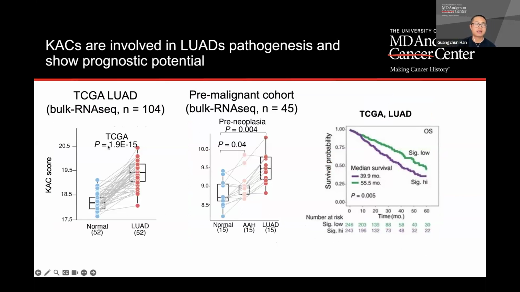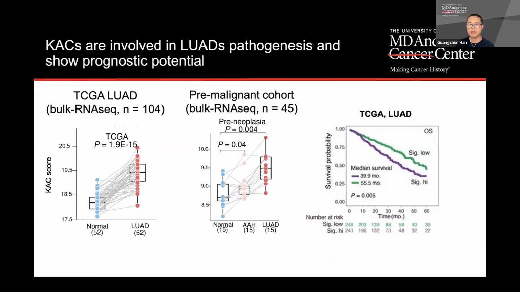Here it shows the CAC signature levels by comparing the lung adenocarcinoma samples versus normal samples or pre-malignancy stage samples, labeled as AAH, in this pre-malignant cohort. For both cohorts, we identify this CAC signature was increased, and especially in this malignant cohort, this CAC signature was showing an increasing gradient trend.